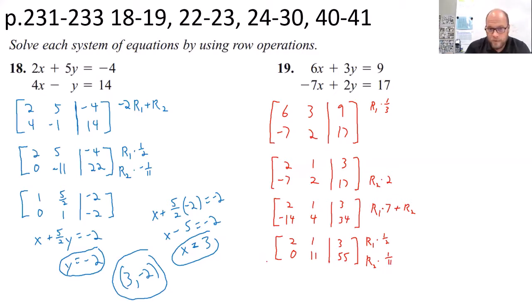So now we have the first one. 2 times 1/2 is just 1. 1 times 1/2 is 1/2. 3 times 1/2 is 3/2. On the bottom, we still have 0 because 0 times any number is still 0. So 0 times 1/11 is still 0. 11 times 1/11 is 1. And then 55 times 1/11, again, 55 divided by 11 would be 5. So we have our row echelon form.